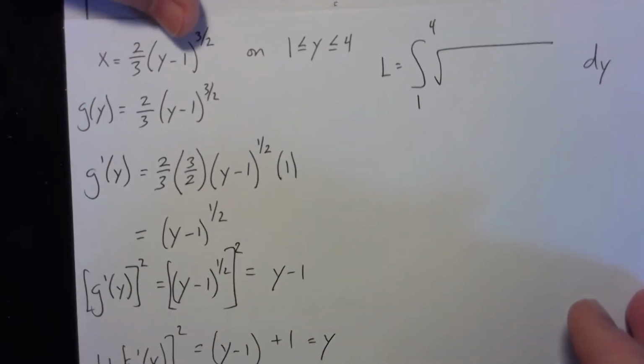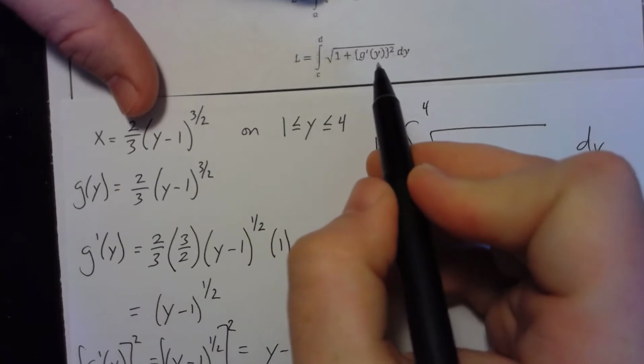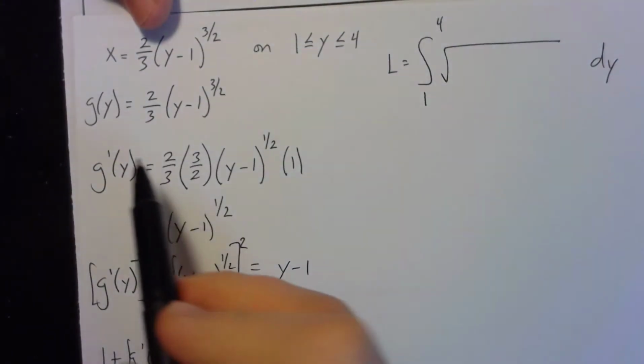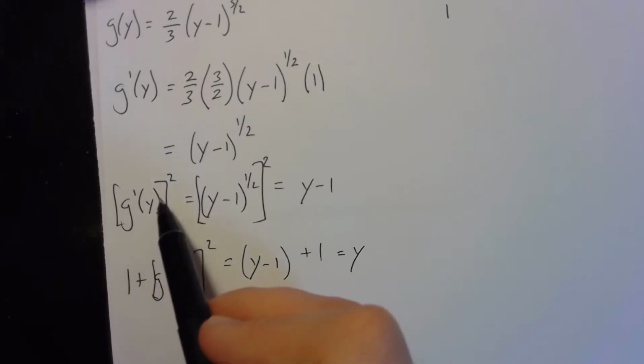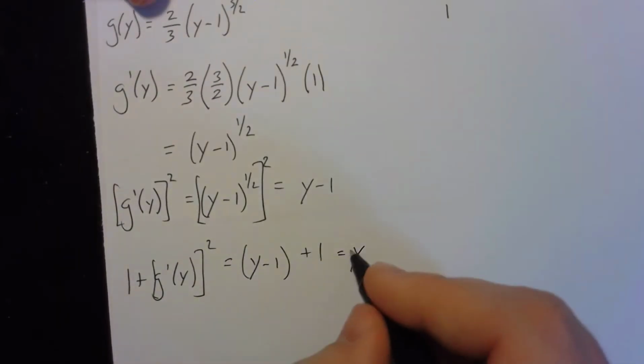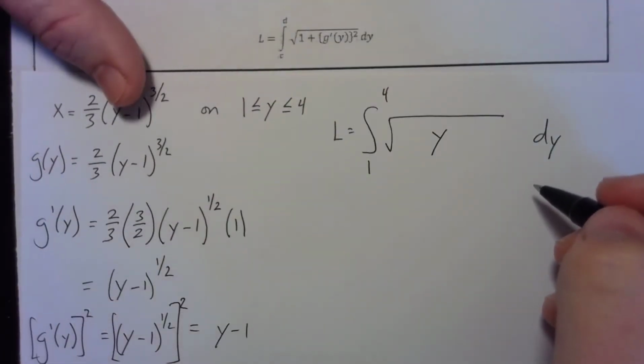Now you'll notice here I've taken this formula, 1 plus g prime y squared, and I've found g prime, I've squared g prime, and then I've added 1 to it. So whatever's here goes back inside the radical, and that's all we have inside that radical.